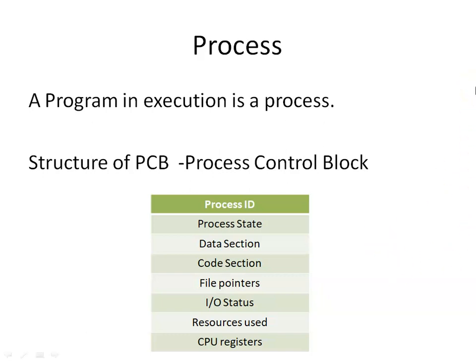So like this, the process is created, the PCB is created, and then the PCB will join the ready queue of the CPU so that the process can get executed.